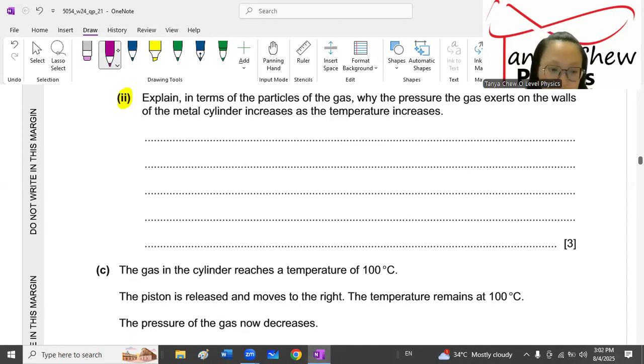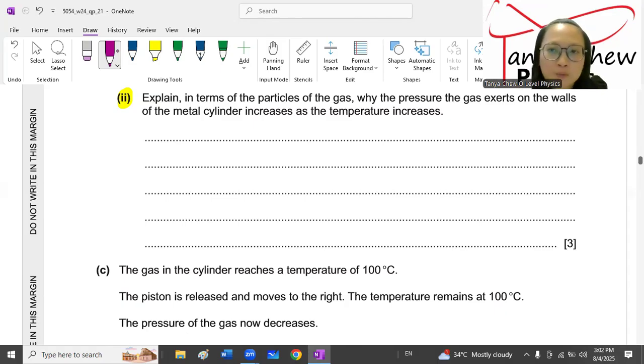Since the gas particles are trapped inside the metal cylinder, and they have more kinetic energy, they will move even faster and they will collide with themselves as well as the wall of the metal cylinder more often. So the collision gives rise to a larger change in momentum. Rate of change of momentum gives rise to force. Since the greater change in momentum, force will also increase. When the force increases, pressure is equal to force over area, so pressure will also increase. I am going to write down the answer right now.